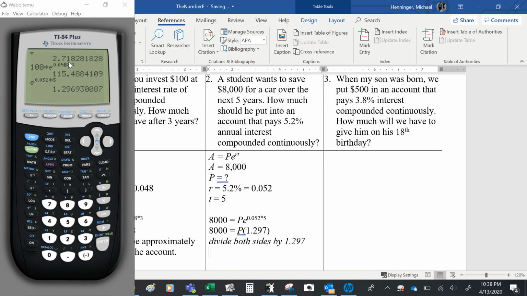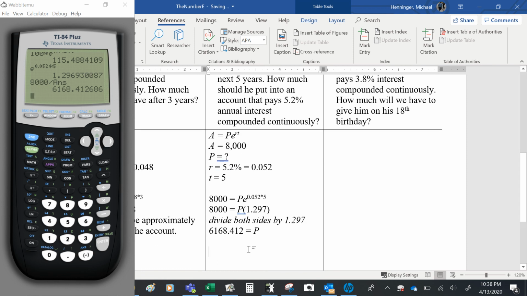And that's going to give me, so if I do 8,000 divided by second answer, that's going to divide it by the 1.297 and so on. I'll get about 6168.412 equals the principal investment.